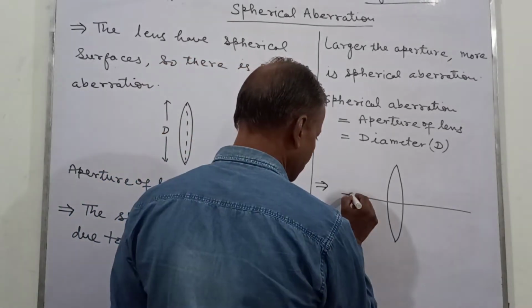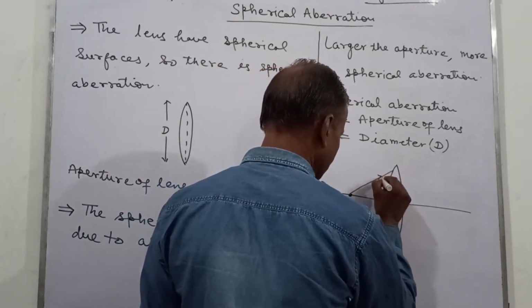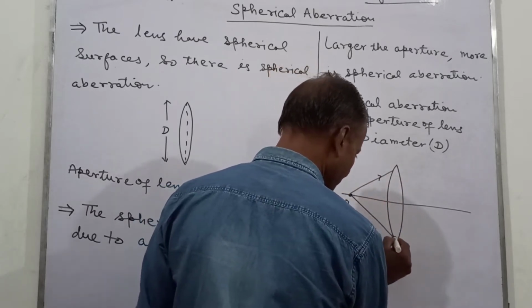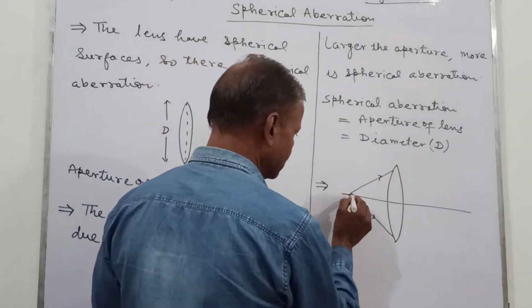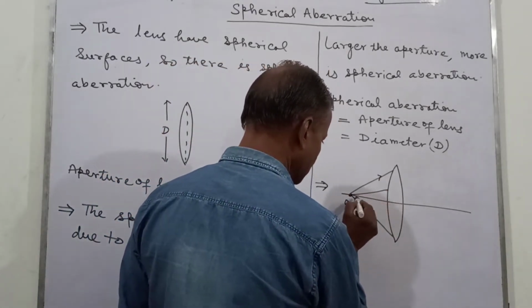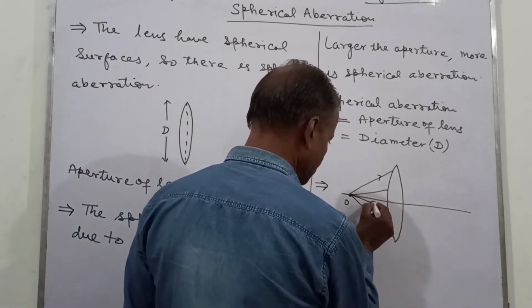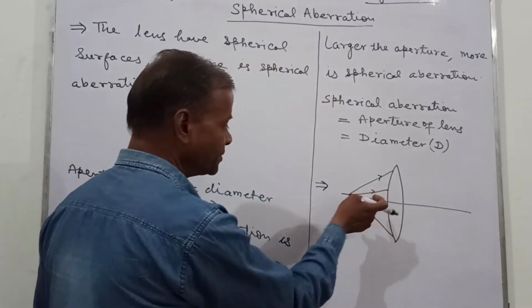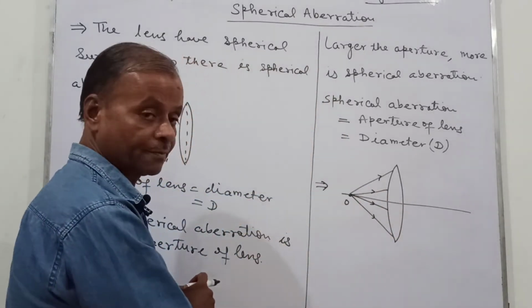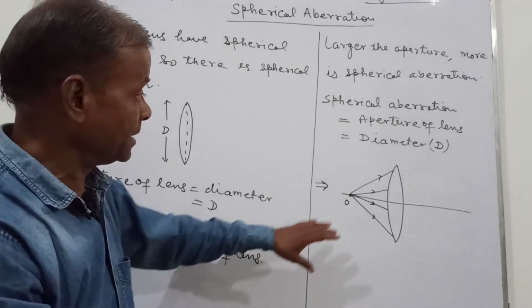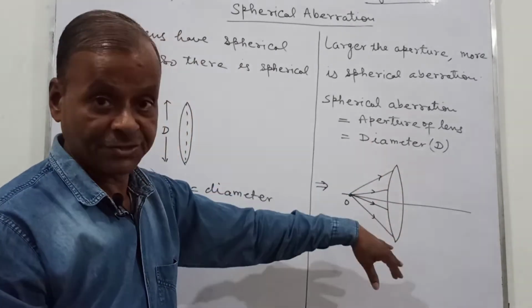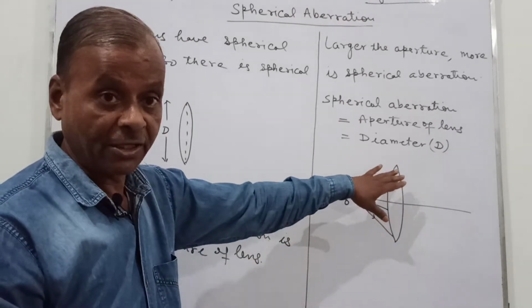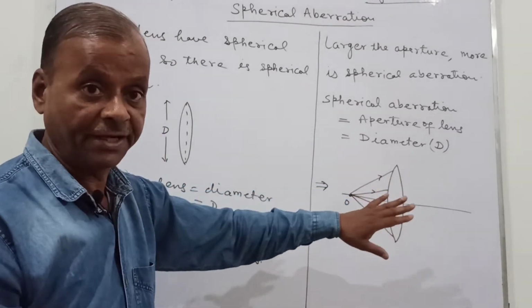The rays start from this one. These are the marginal rays. This is the paraxial ray because they are near to this principal axis, and the rays which are at the marginal points of this lens, where there is the marginal part of this lens, they are called the marginal rays.